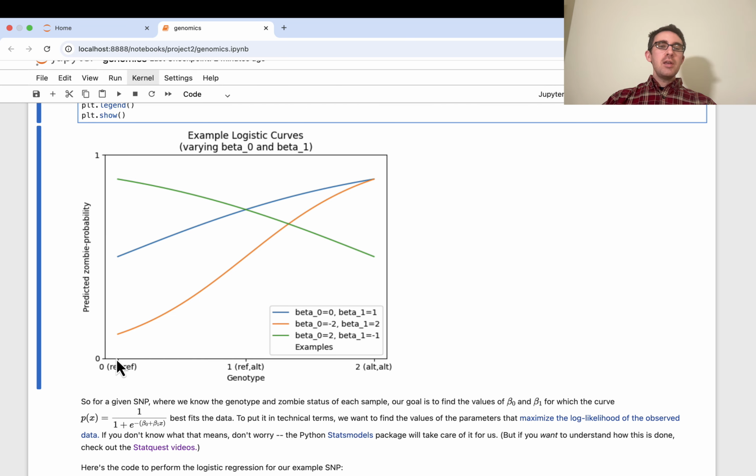So now the vertical axis is plotting something continuous: the probability that a sample is a case or control, and how that relates to the genotype of the sample.